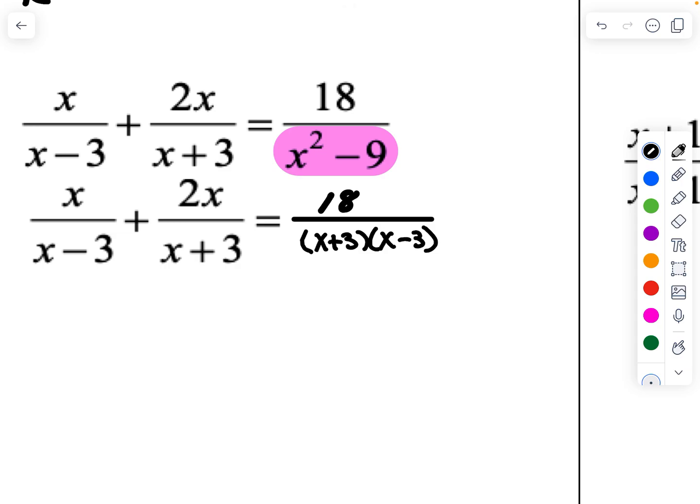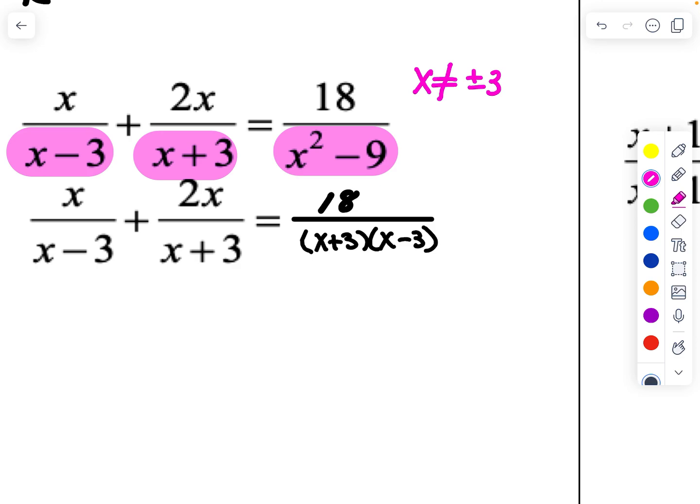Okay. Then we're going to say that x cannot equal positive or negative 3. Because if you take this and solve it, you would get positive 3. And if you take this and solve it, you would get negative 3.